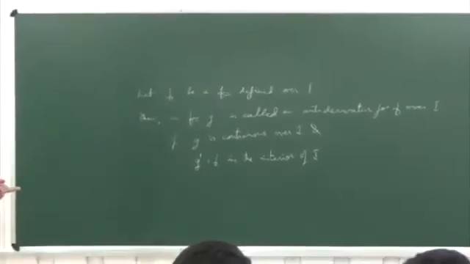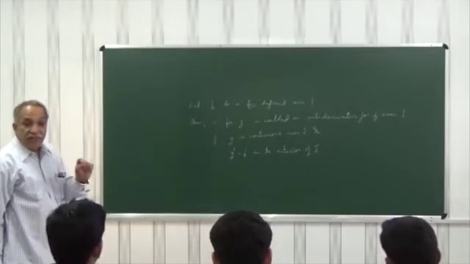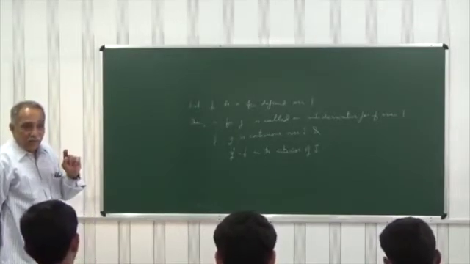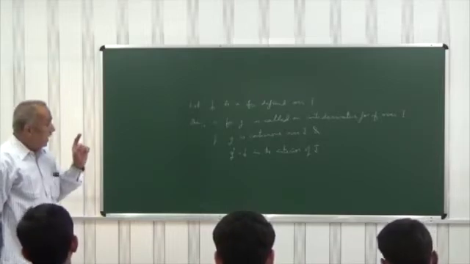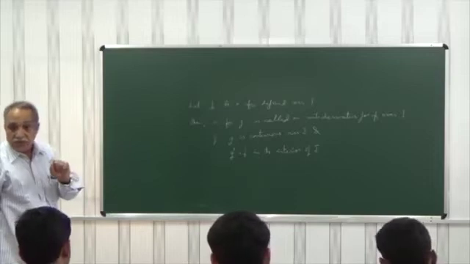A function g is called an antiderivative if g is continuous over I and the derivative of g is f in the interior of I. If I is a closed interval, I do not require the derivative of g to be f at the end points.